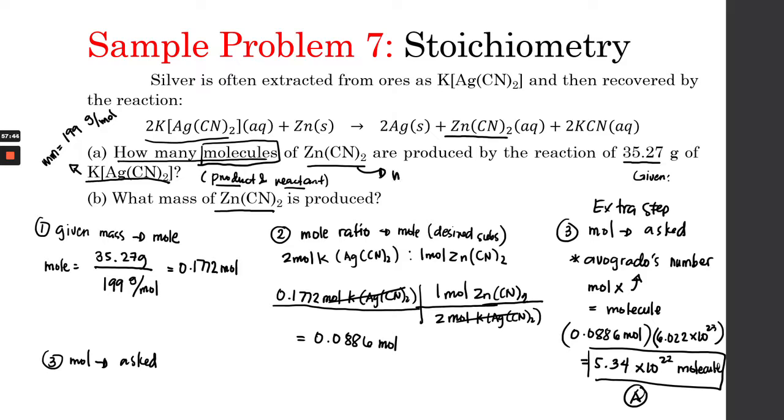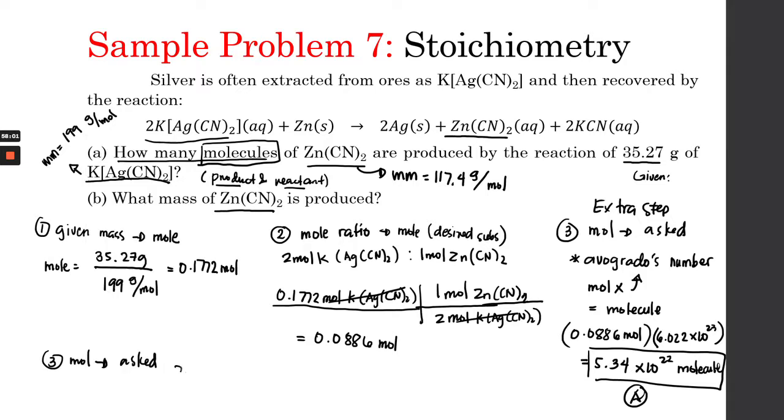The molecular mass of ZnCN2 is equal to 117.4 grams per mole. You can use this molecular mass and the mole that you got on step 2 to find the grams.